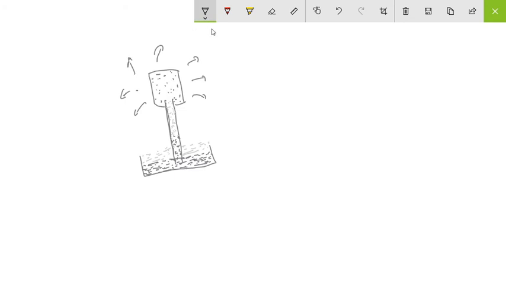So the evidence is that a similar phenomenon may take place when we place a twig in a similar glass cylinder.